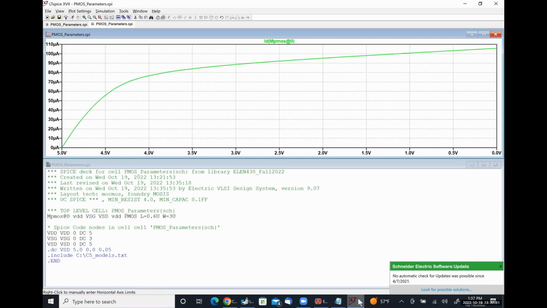This is going to look like 0.95 volts. So we want VDS to be less than or equal to VSG minus the absolute value of VTHP in order for this to be in saturation, because this is a PMOS and everything is backwards and it's driving me insane. Sorry.